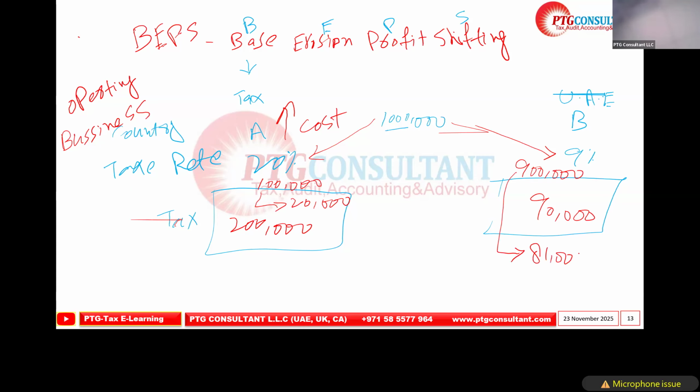So now you understand the difference. If he earns the 1 million in country A, then he is going to pay 20%. And if the same 1 million is earned in country B, he pays 90,000.